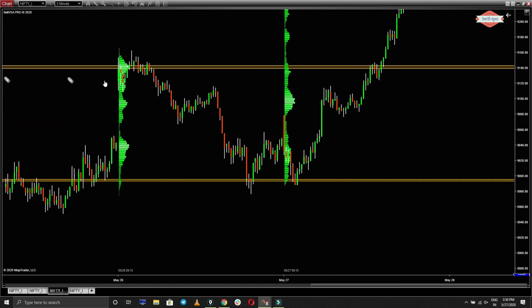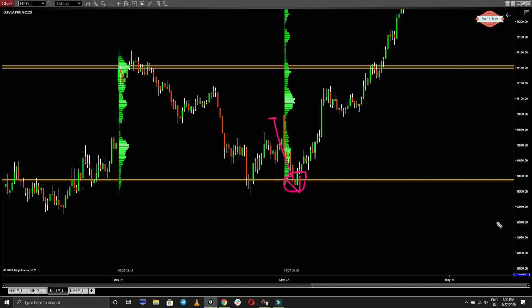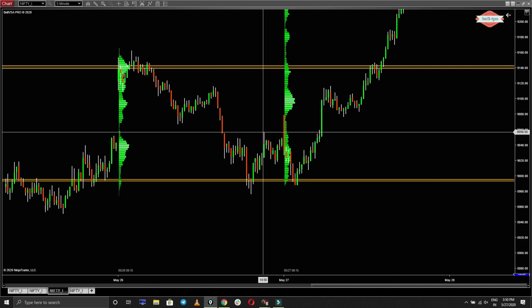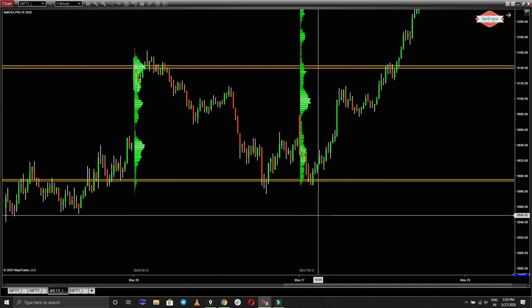Yesterday we got exact support near that, and it bounced back. The market opened here and we were getting sell, but it stopped exactly near the volume profile. We call this a heavy volume node, HVN.